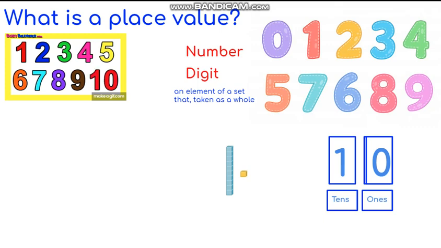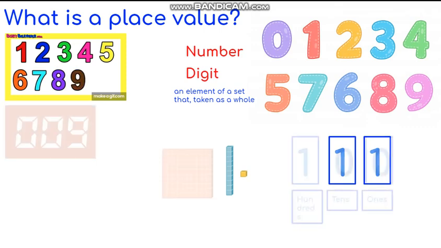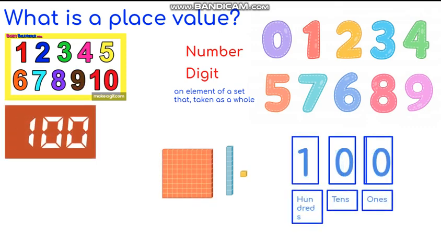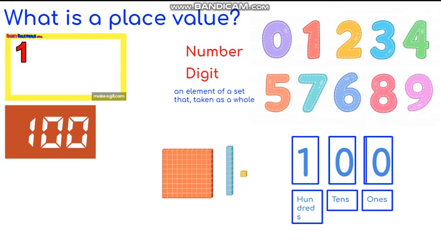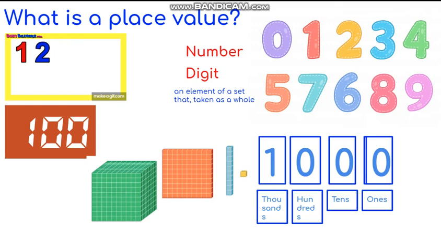When there are 10 groups of tens gathered together, it makes a hundreds, like the one that we just counted from 0 until hundreds. When there are 10 groups of hundreds gathered together, it makes another group which is called 1,000.